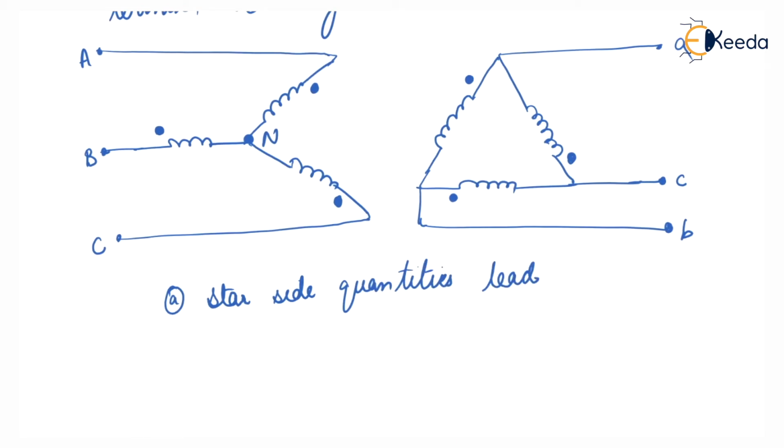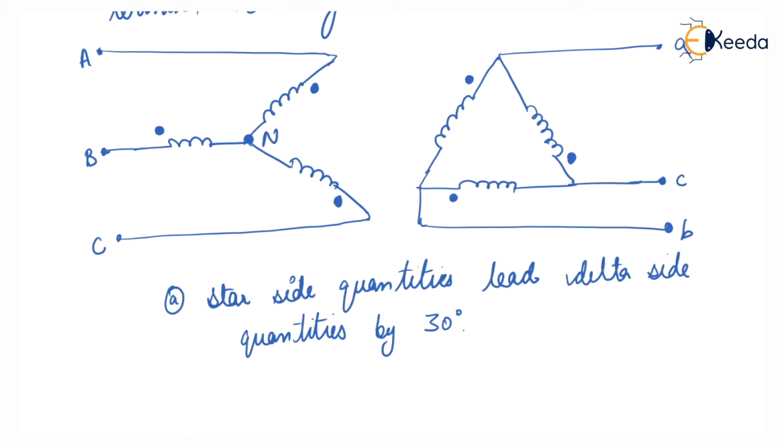Star side quantity lead delta side quantities by 30 degree. So as you can see in this diagram, bindings shown parallel to each other are magnetically coupled.